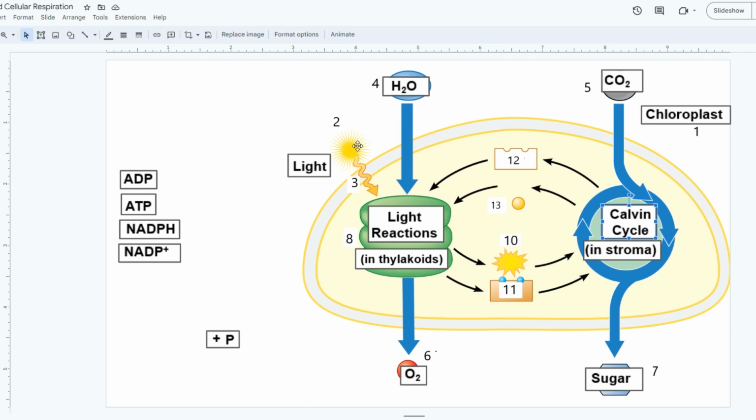So what happens in the thylakoids is that this energy from light is incorporated into something that allows the plant or whatever organism does the photosynthesis to hold on to that energy for just a little bit longer. And it does that in the form of the energy currency ATP, which is what that explosion-looking thing always is.